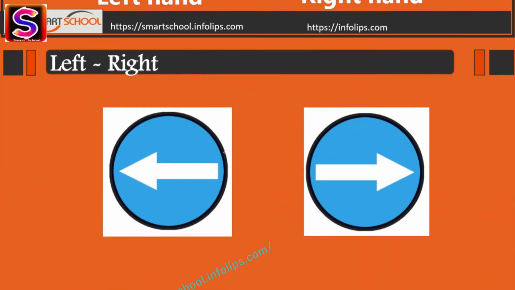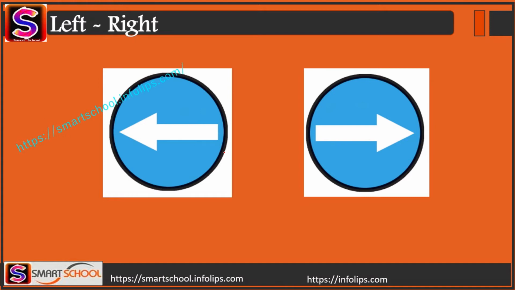Okay, so let's see some more examples. See here, there are two arrows. Now how do you identify which one is the left arrow and which one is the right arrow? Again the same trick. See here, this is L, so this arrow shows you the exact L angle.